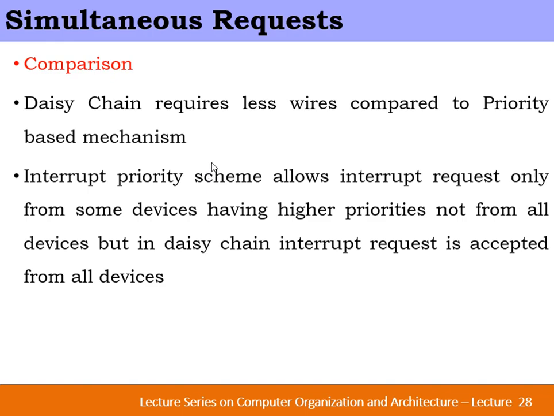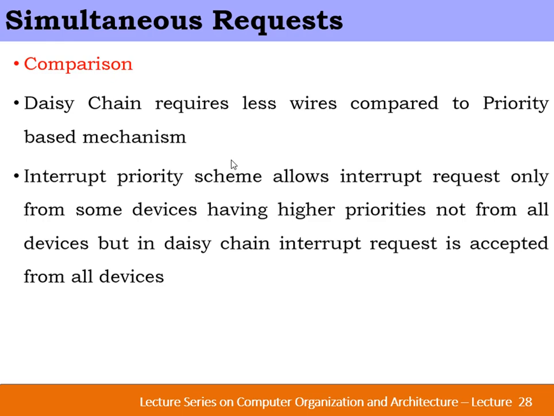So simultaneously all the devices can raise an interrupt request in daisy chain, whereas in case of interrupt priority, it is not allowed. All the IO devices cannot raise an interrupt request; only the devices which have the highest priority can raise an interrupt. But in case of daisy chain, all the IO devices can raise an interrupt request, but the service will be provided to the device very near to the processor, which has the highest priority.